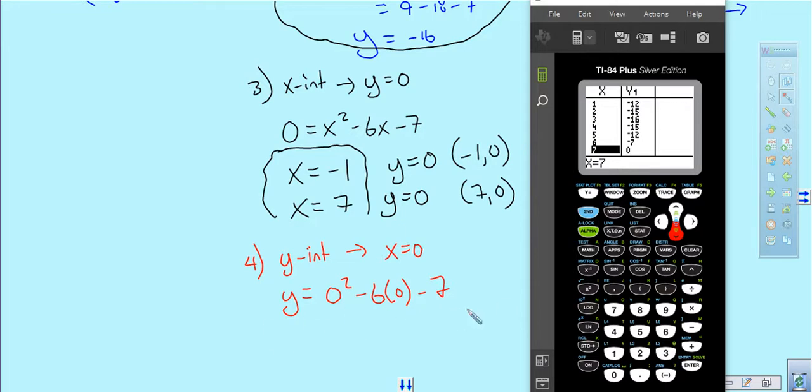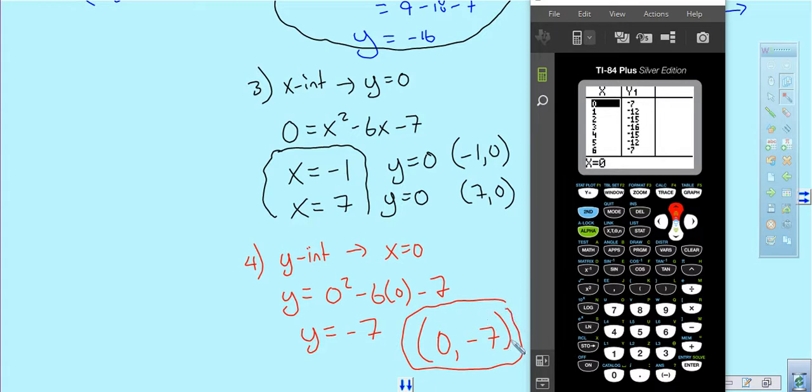You should be able to see this answer very quickly, but remember, we can go to the calculator and find it. We want to see what happens when x is equal to 0. Well, there it is. When x is equal to 0, y is equal to negative 7. That gives me my y-intercept at 0, negative 7.